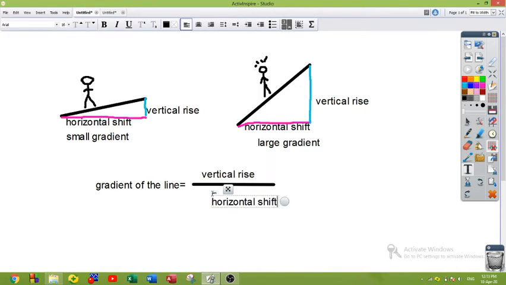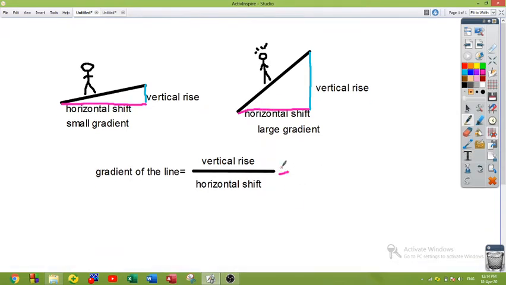Shortly, instead of vertical rise and horizontal shift, we wrote rise and run. So we can write this as rise over run.